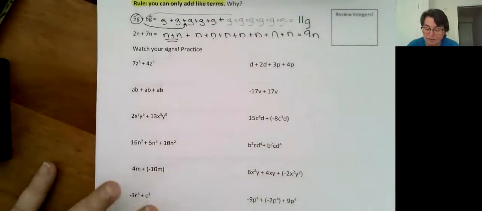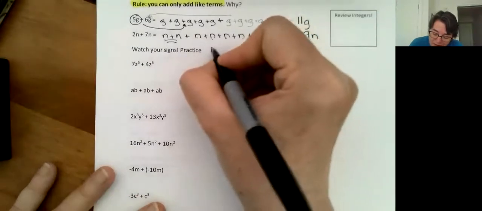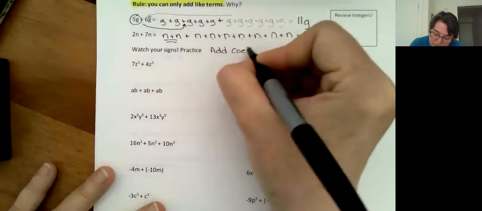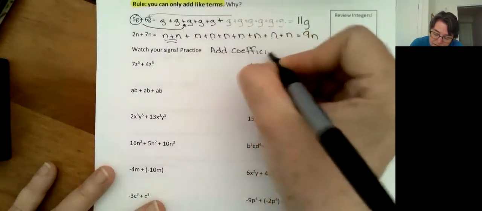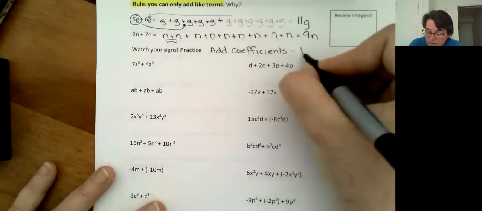All right, so essentially what you have to do is you add the coefficients and you leave the variables alone.